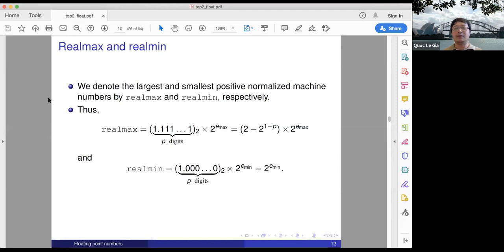Because. So what is the keyword? Because we said that it's normalized.